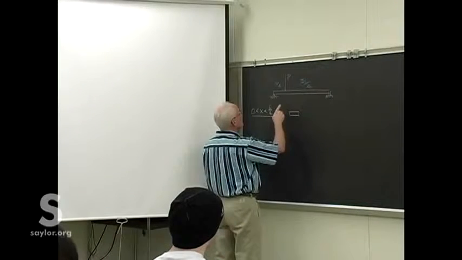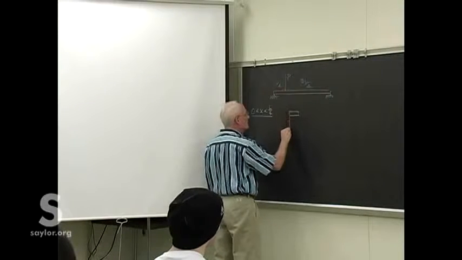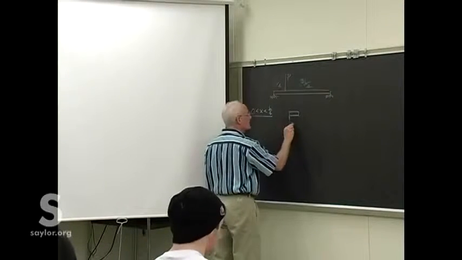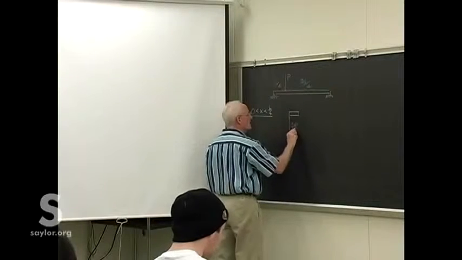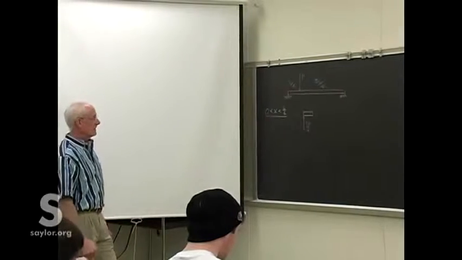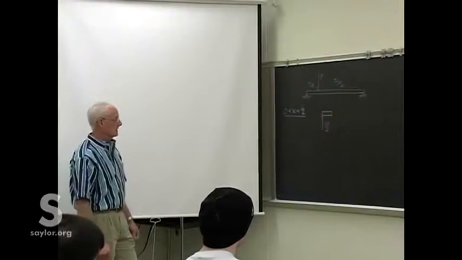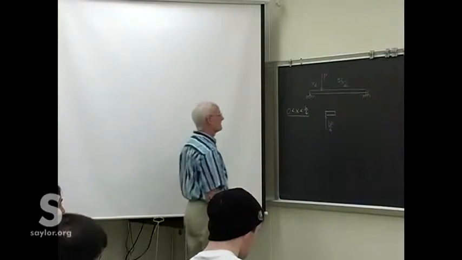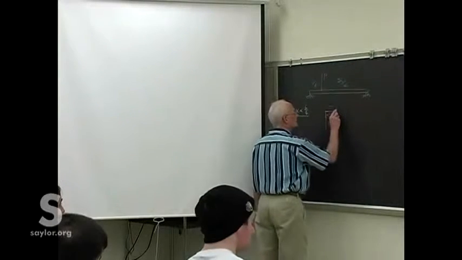And let's see, we know that this will be 3P over 4. We just do that from statics class. I'm just doing that fast for you. That's nothing more than summing the forces and summing the moments. We can figure out what that reaction is.